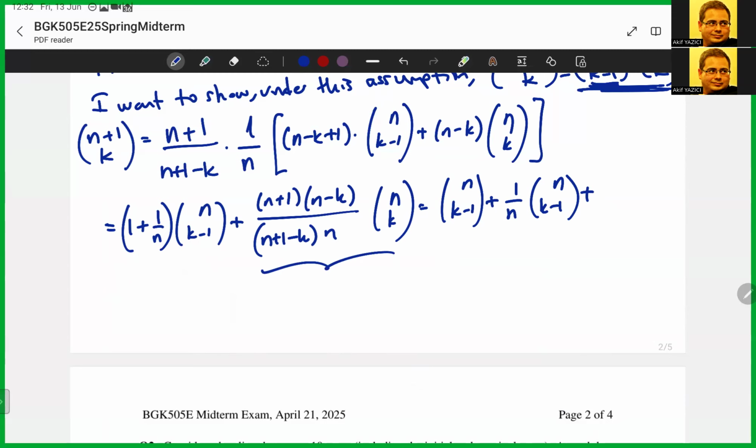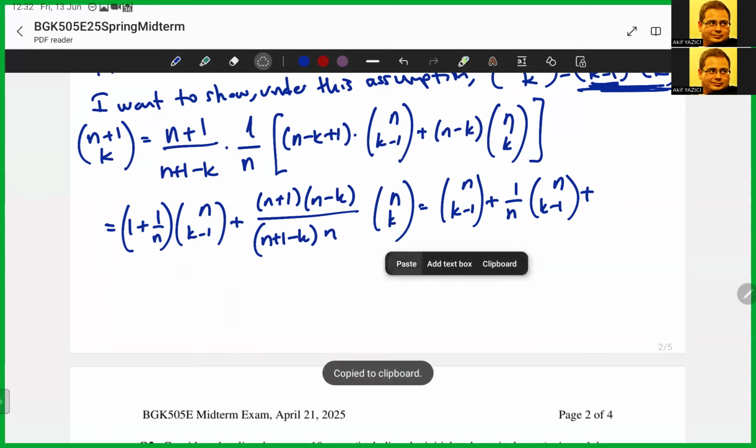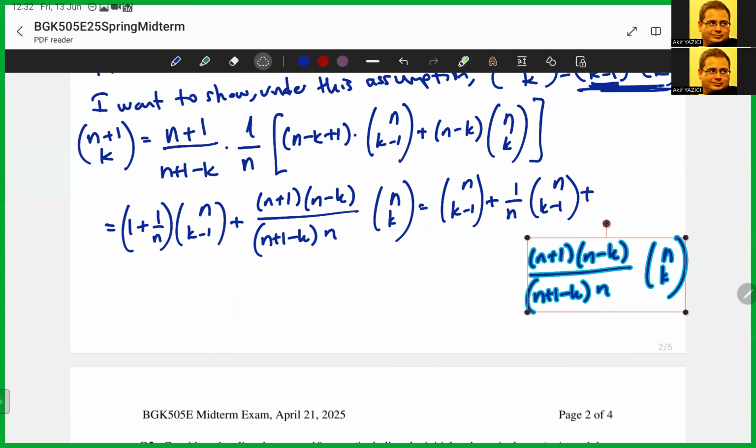So out of this, I would like to obtain n choose k. So this entire thing, I'm going to copy here. Put it here. Again, I'm a little bit short of space.